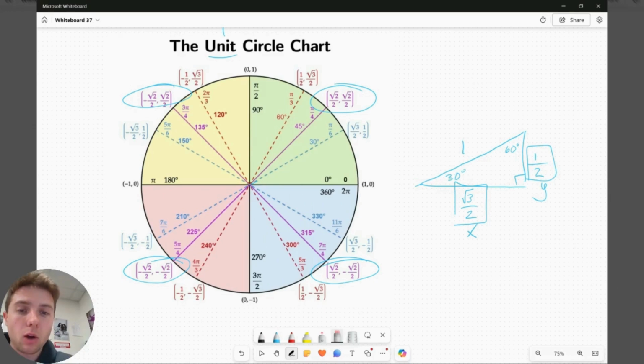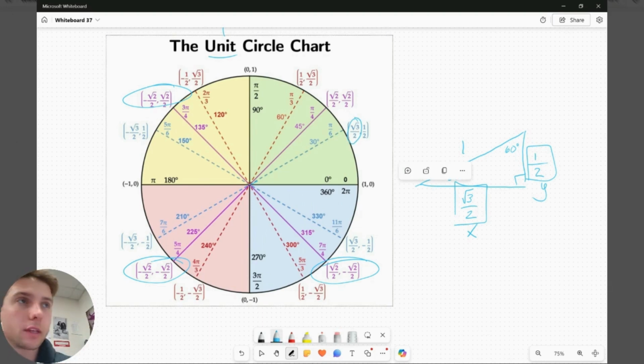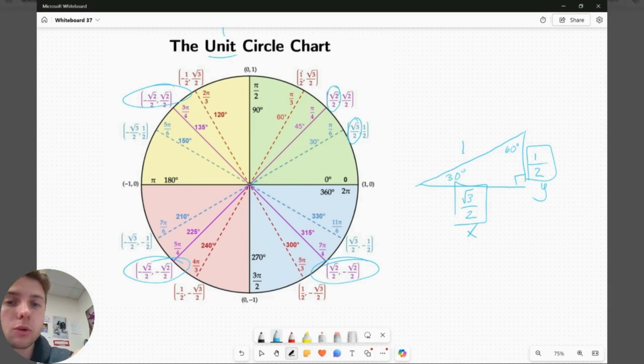So what I always did to memorize this when I was growing up is I noticed the x values. The x values count down on the top. The inside of the square root goes from 3, 2, to 1 on the top of our fraction. The y values do the opposite. It goes 1, 2, 3. That will always work from the x-axis.